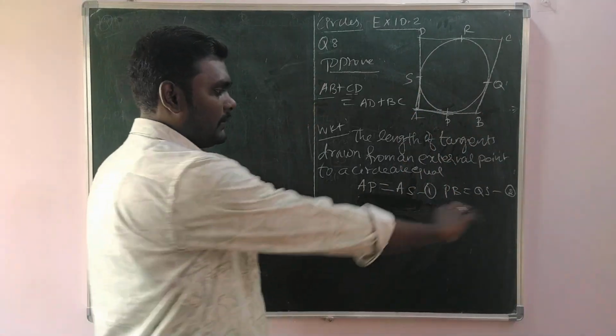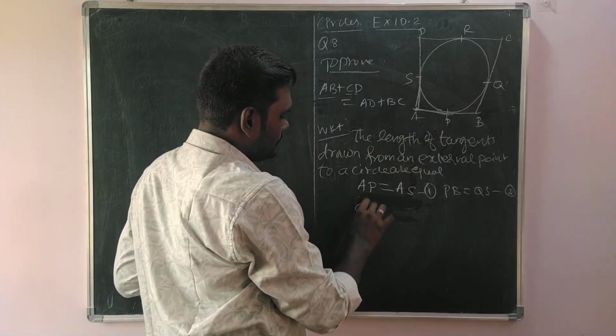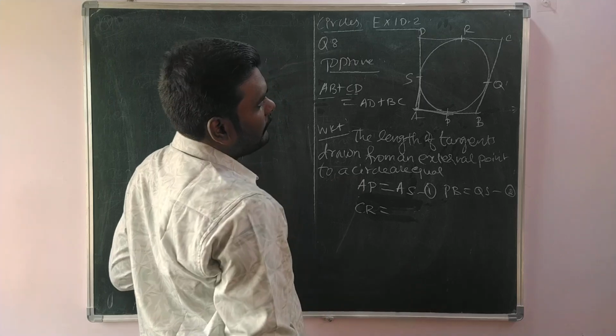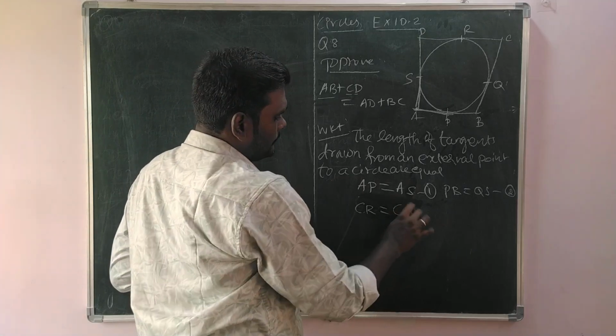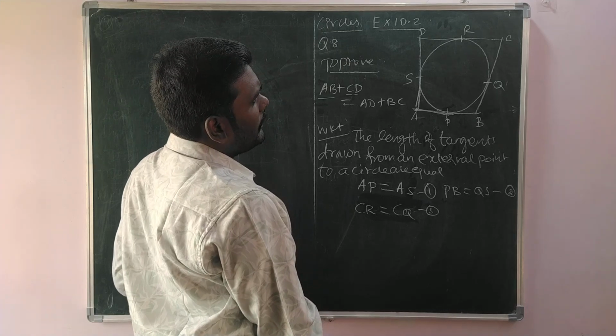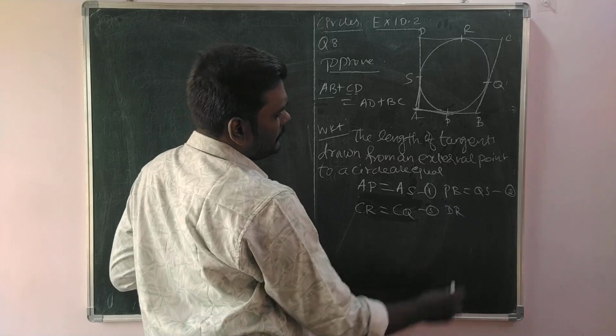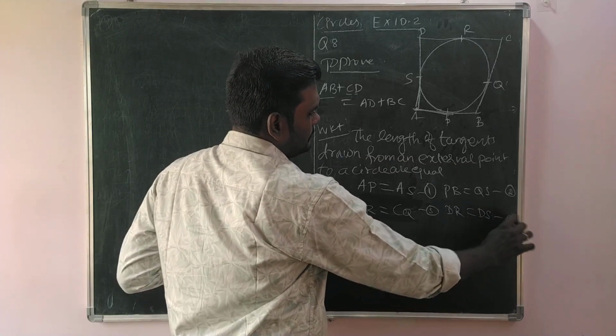Simply pieces of AB are written, and then pieces of CD. So CR is equal to CQ, equation 3.